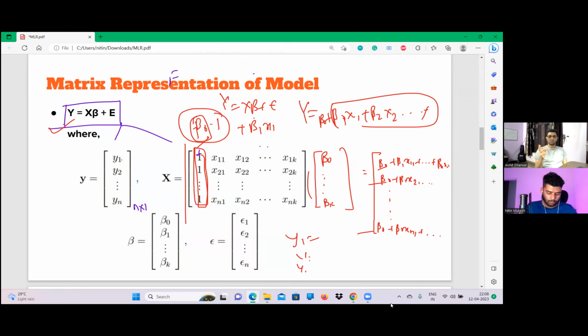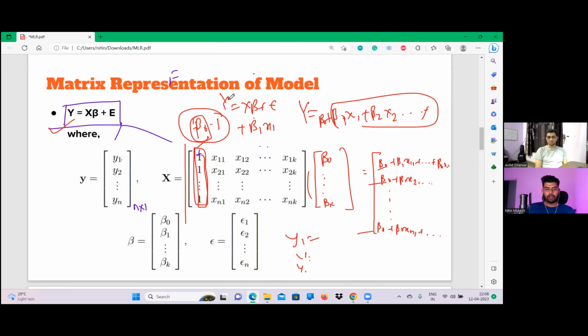So you can either add this column of ones in the X matrix, or another way is to have an n cross 3 matrix for the x's, multiply that with beta 1, beta 2, beta 3, and add a vector of beta naughts to this whole thing. That will be an equivalent thing, the same thing.